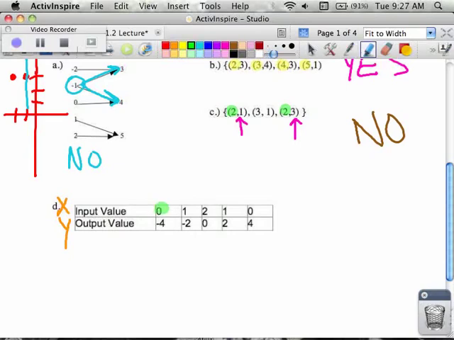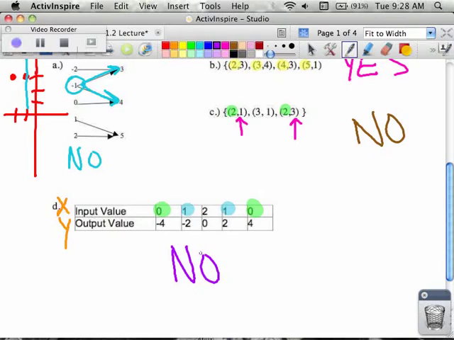For example, there are 2 x values of 0, which indicates that the x is going to more than one y value. In addition to that, there are also x values of 1 that are going to more than one y value. So for sure, this table is depicting a relationship that is not a function. And the big idea is if an x value goes to more than one y value, not a function.